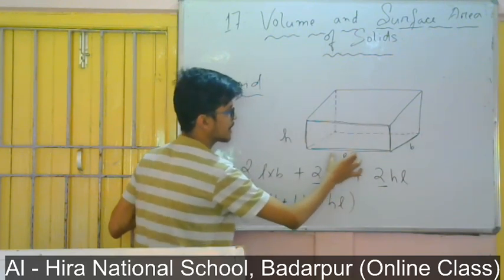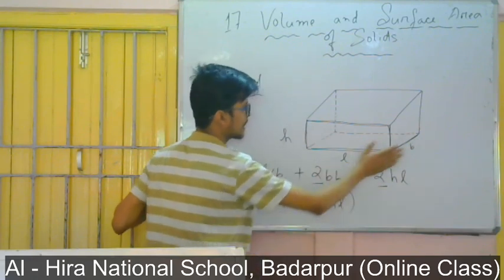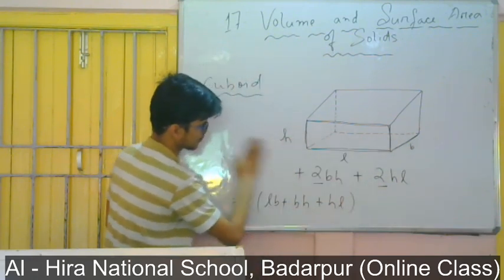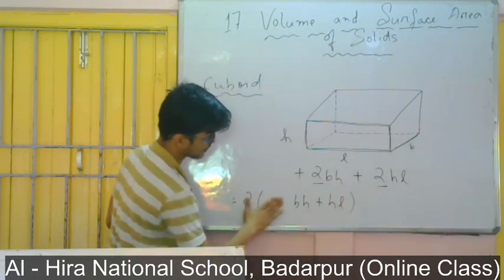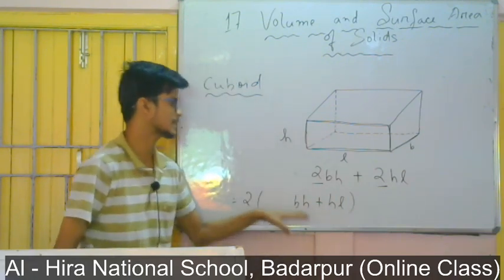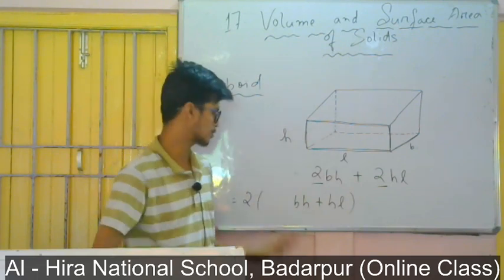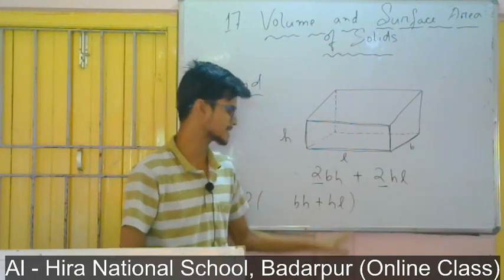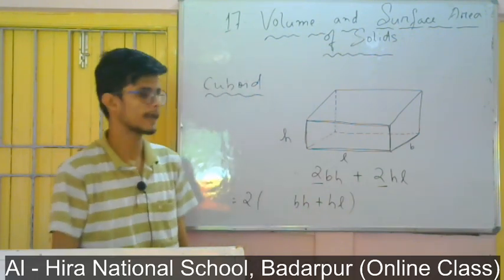The area of this part is LB, that means L into B, so you rub this one. This is the lateral surface area, only the area of the four walls of a cuboid: 2 into BH plus HL.